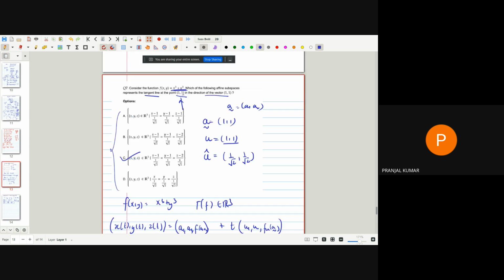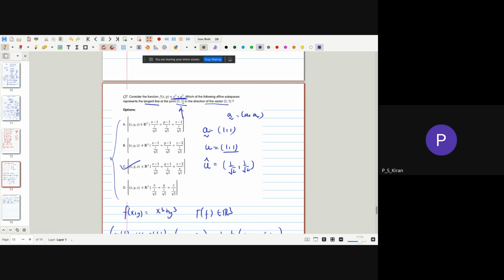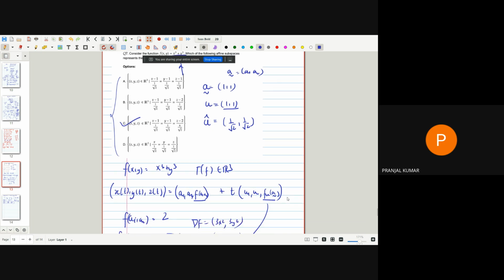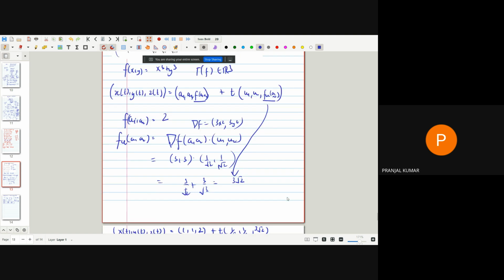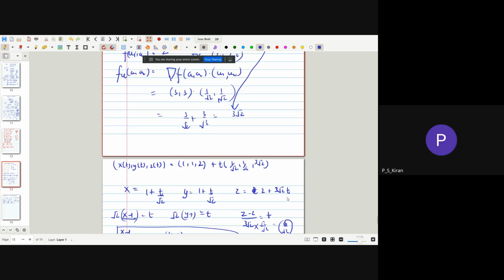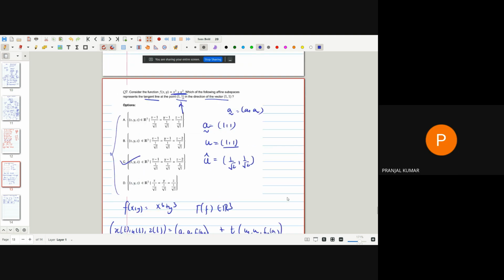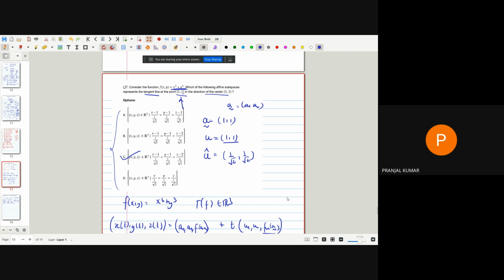Sir, what's the use of symmetric form? Symmetric form is just one way of representing a line in 3 dimensions. Similarly, there is parametric form. All forms represent the same line, right?